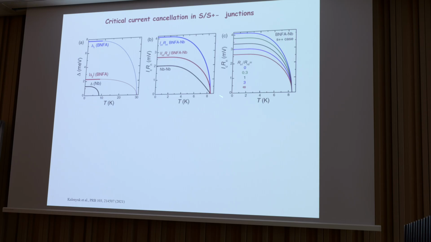For the niobium case it's this dependence, and for the 2 channels it looks like this, but the shapes are slightly different. Now, if we had the S++ case, and we change the transparency of the channels, going from one channel to completely only the other, there is a minor variation in the shape of the critical current versus temperature.